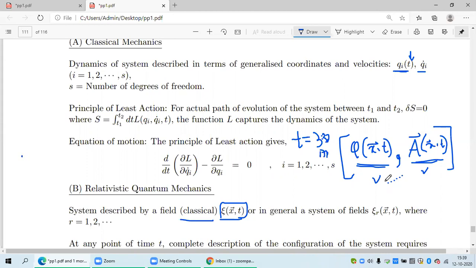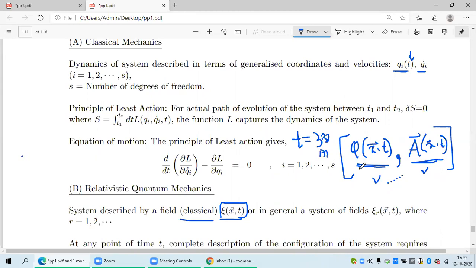For that purpose, I first want to fix what the generalized coordinates of the system are. Generalized coordinates by definition means the number of independent parameters you require to specify the system at any given time. At any given time, the number of parameters required to specify the electromagnetic field in your room is not 4, it is infinity.